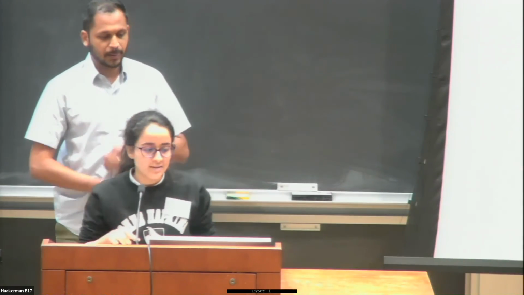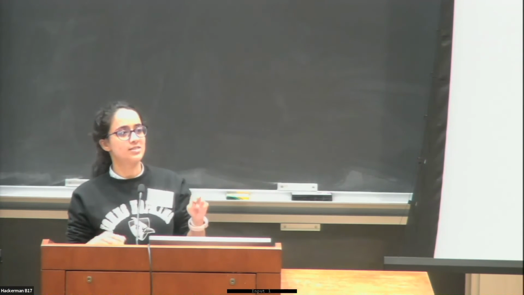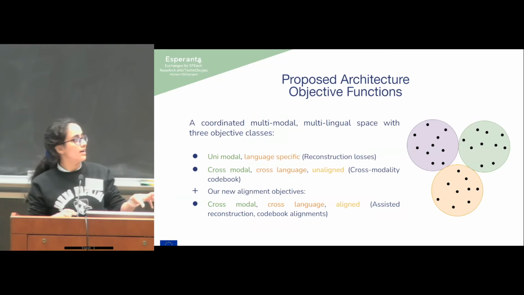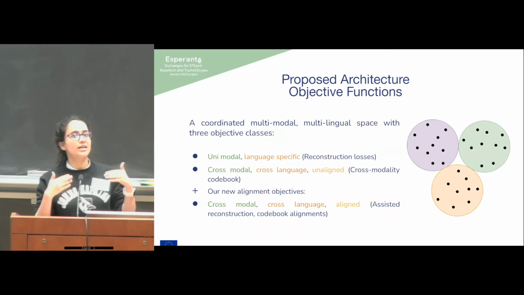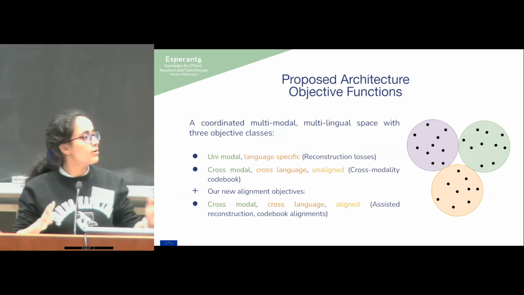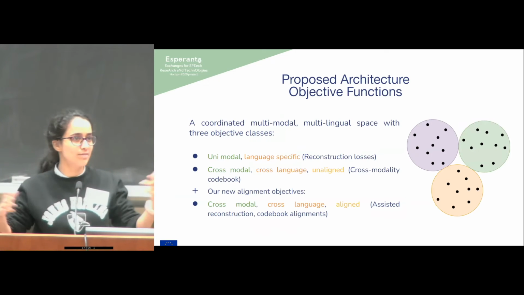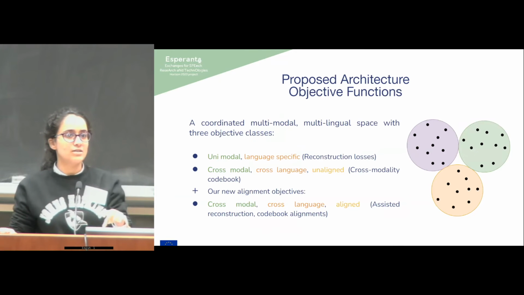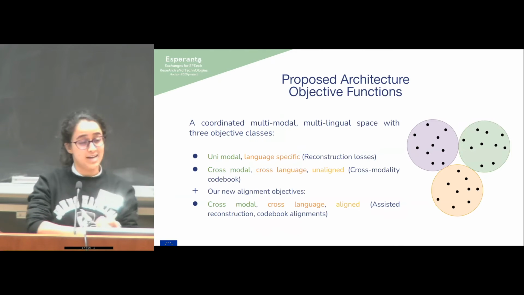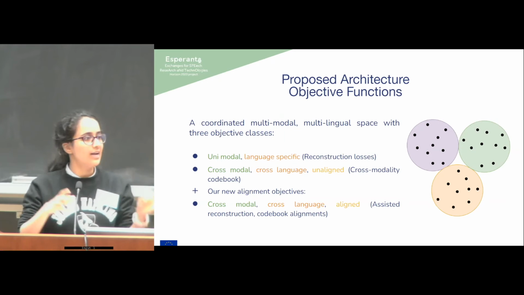I think the primary concern with extending Speech T5 to M-Speech T5 is that the USP for Speech T5 was that it could leverage completely unaligned data. In theory, it could be a massively self-supervised model that leverages unaligned data. But with M-Speech T5, because we're targeting both multimodality as well as multilinguality, there is a need to construct aligned objectives.